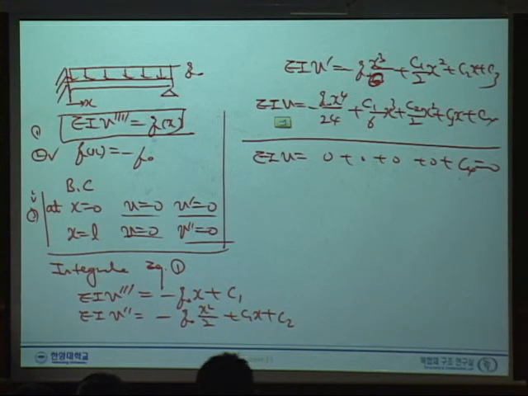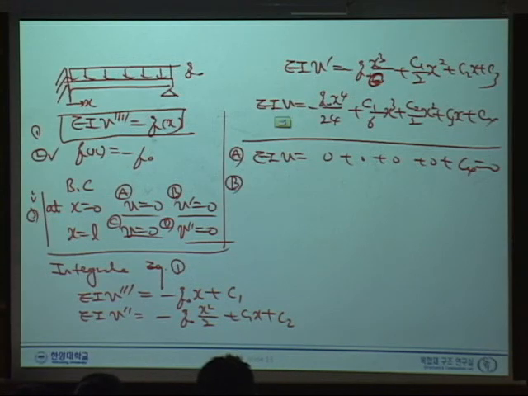So C4 is simply 0. And so I will say this is the A, B, C, D boundary condition. This is the A boundary condition.